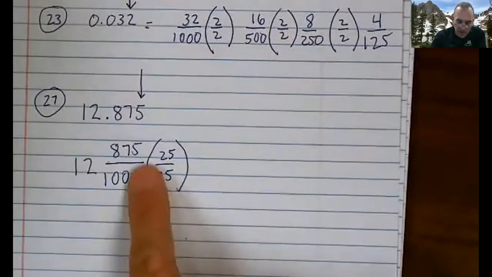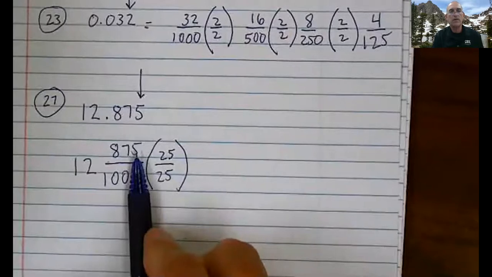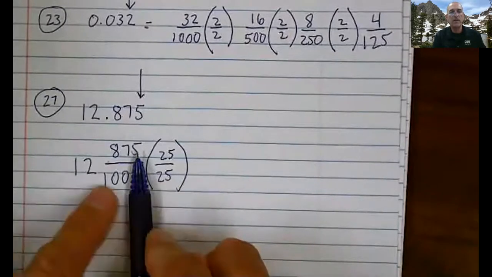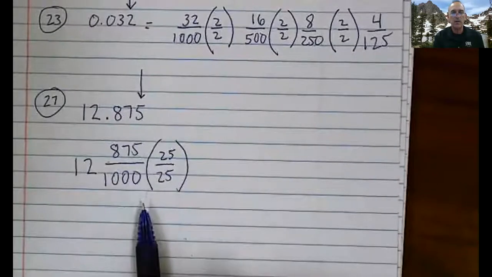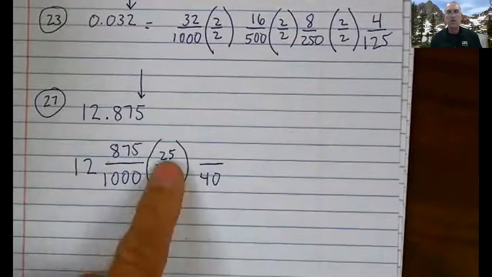This bottom one's easy. 25 into 1,000, block one of the zeros. How many times does 25 go into 100? 25 goes into 100 4 times, add the 0, and you get 40. The top one's harder.